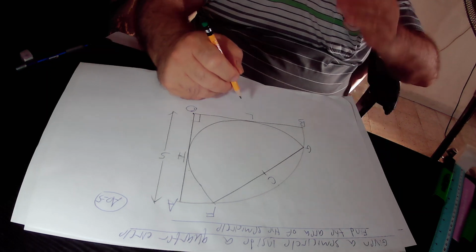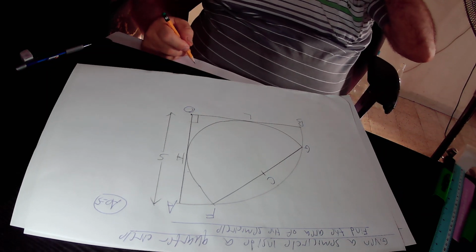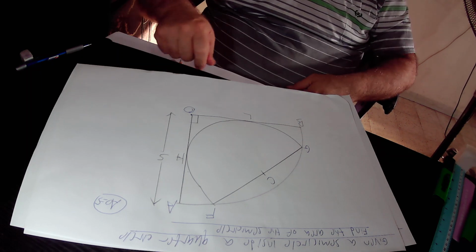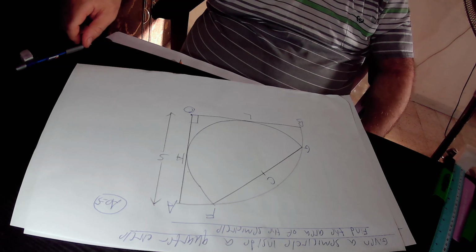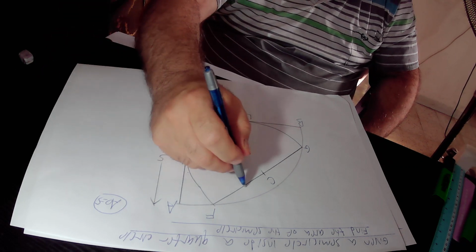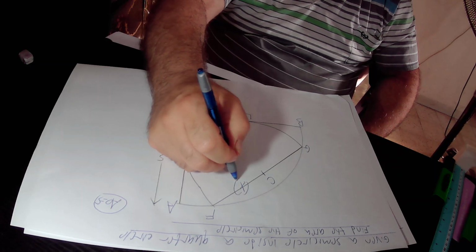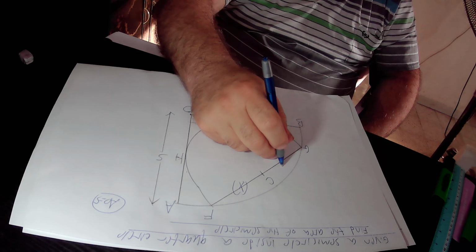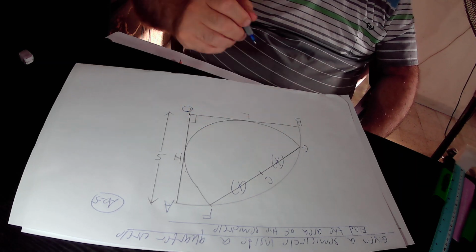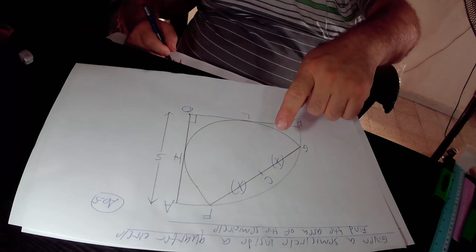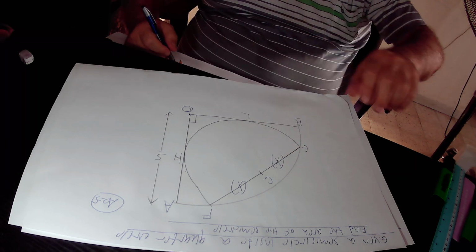In addition, we will define the radius of this semicircle as x. Therefore, CF, the radius of this semicircle, is equal to x according to our definition, and CG is also the radius of this semicircle that is equal to x. In the next step, we will join points C and L together by a straight line.